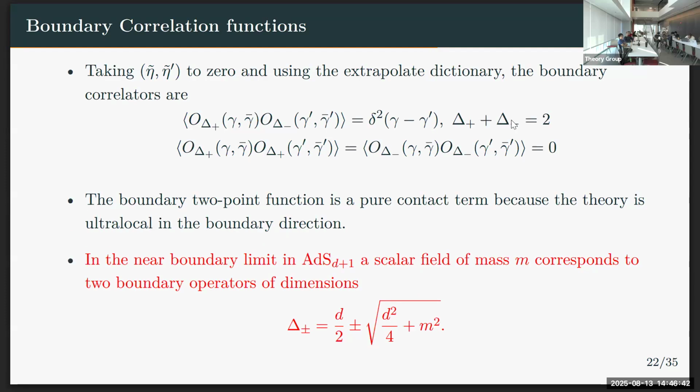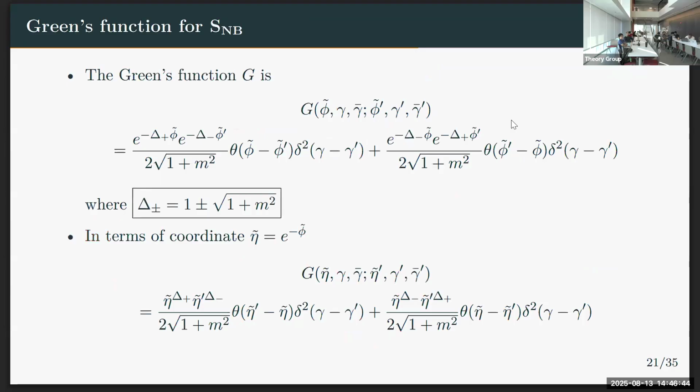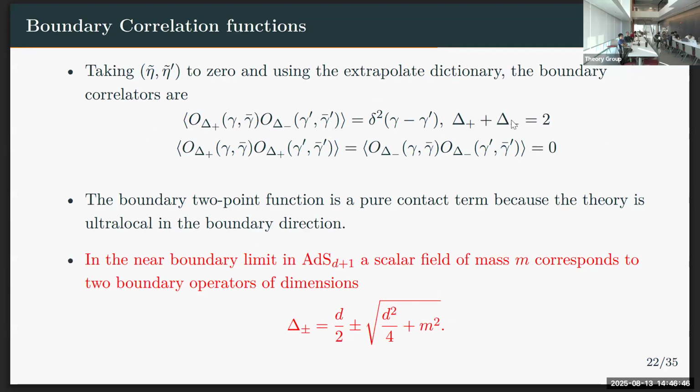And when I substitute that in this Green's function, I can define these boundary correlators. So this is the boundary correlator corresponding to phi tilde delta plus, and O delta minus is the operator corresponding to phi tilde delta minus, right?